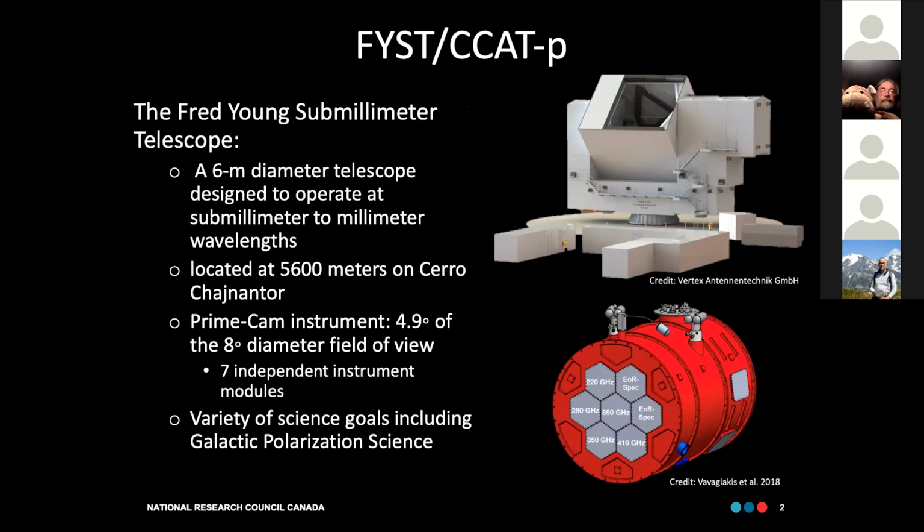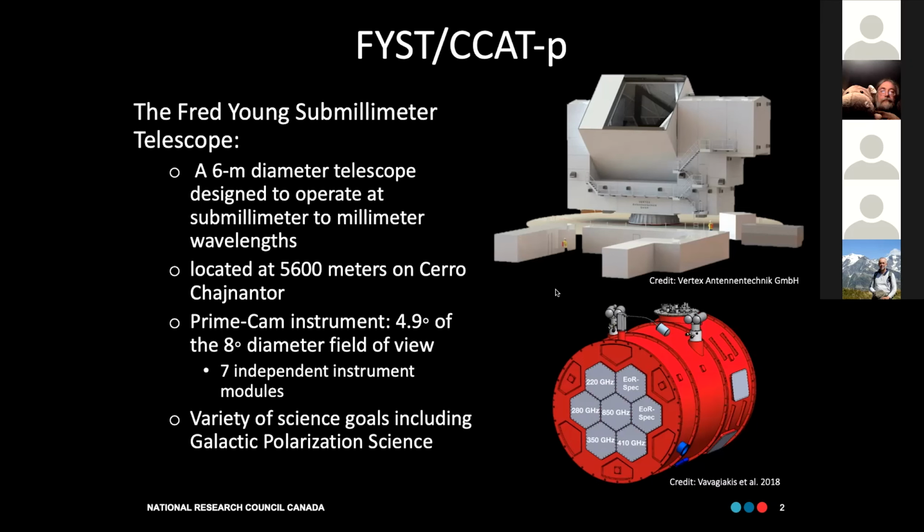I'll just have a quick recap mentioning that FYST is a 6-meter diameter telescope designed to operate at sub-millimeter to millimeter wavelengths, and it's located at 5,600 meters on Cerro Chajnantor in northern Chile.